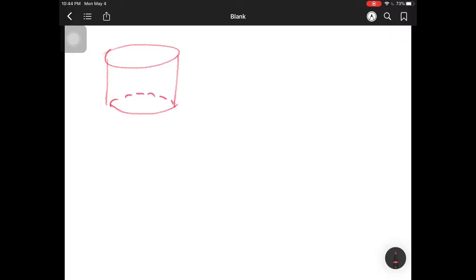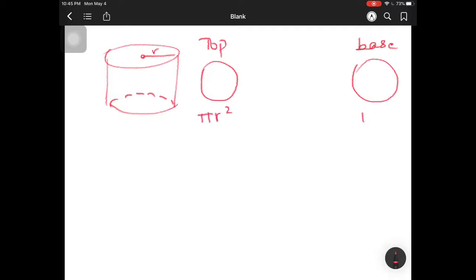The first thing I have is the top, which is a circle. And I also have the base, which is also a circle. And if this is r, then the area here is pi r squared, and the area here is pi r squared. Now remember, we're talking about the surface area of a cylinder.